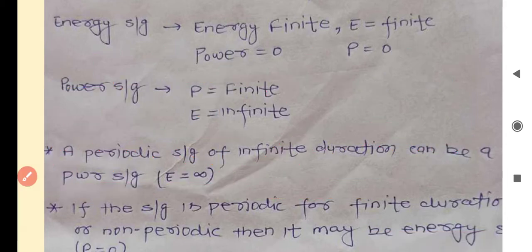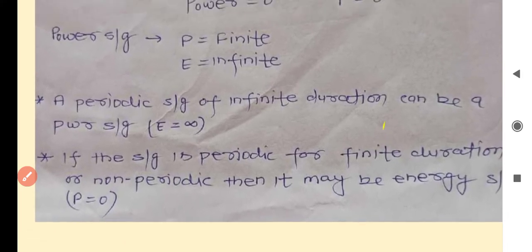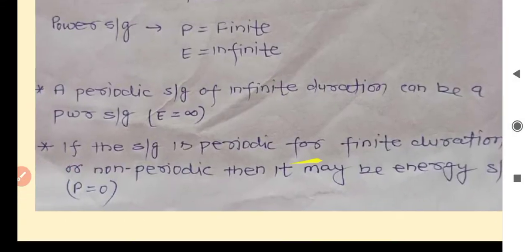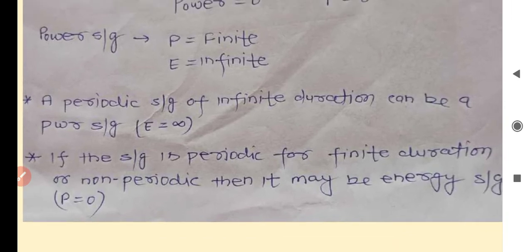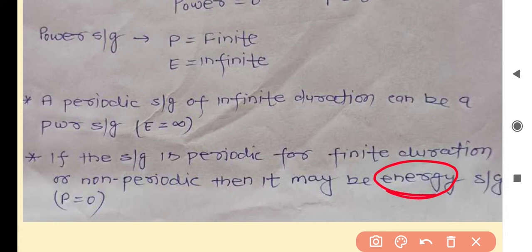Then, if the given signal is periodic but has a finite duration, or the signal is non-periodic, then it may be an energy signal. If the signal has finite duration and is periodic, then this signal may be an energy signal.